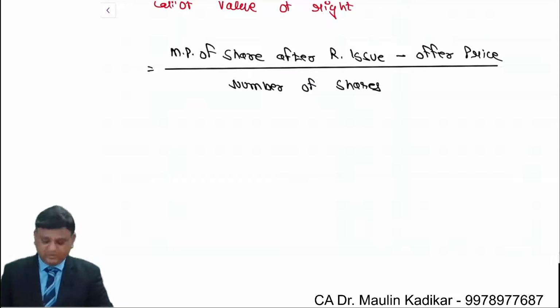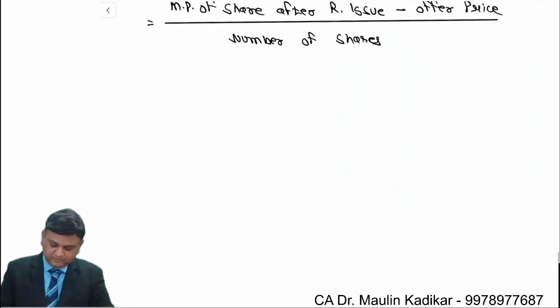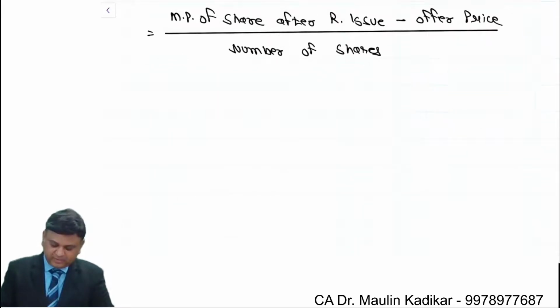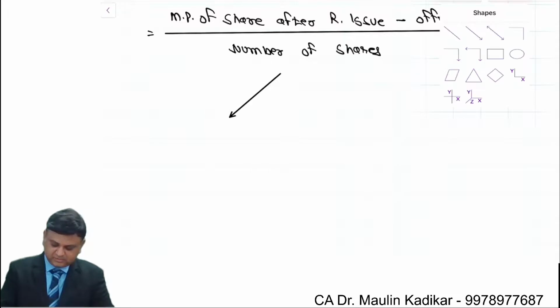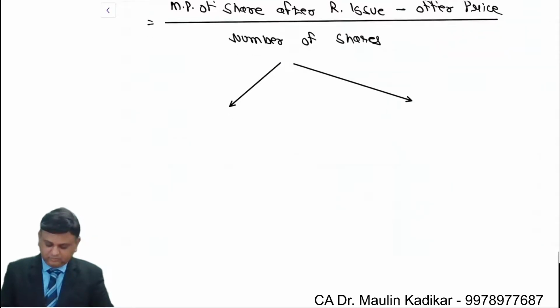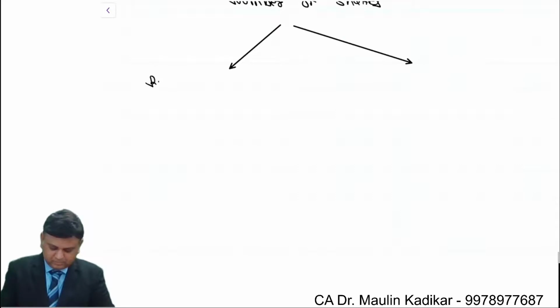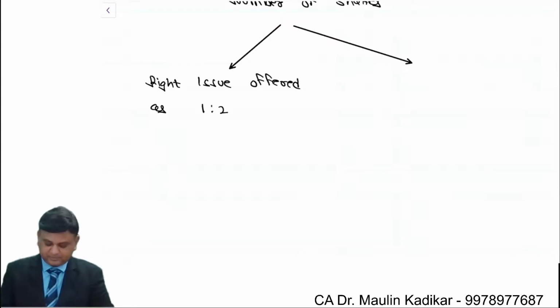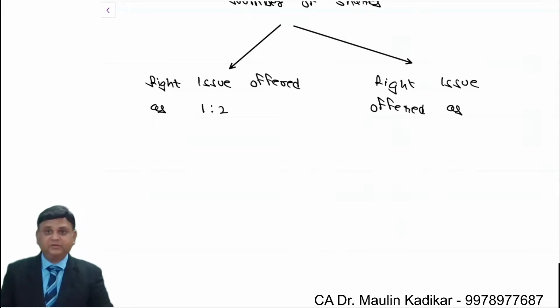That is the way we are required to calculate it. Now, again it is required to be found in both the situations. Right issue offered as 1 for every 2 shares, and over here right issue offered as 1 for every 4 shares.